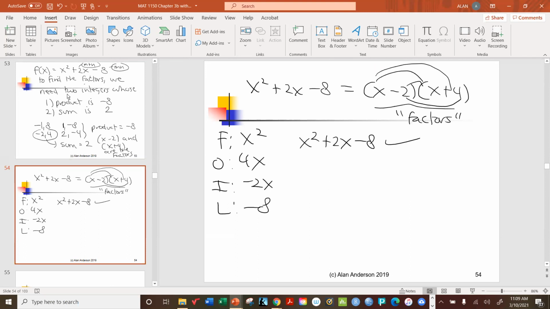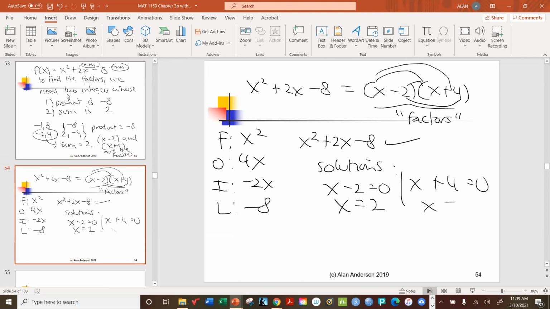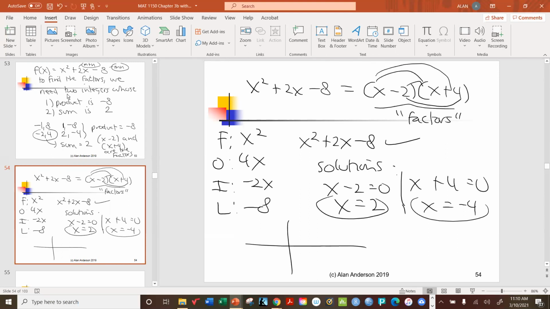Now, the solutions, though, mean that you're setting each of these equal to 0. And so the solutions are these two values, in other words (2, 0) and (negative 4, 0).